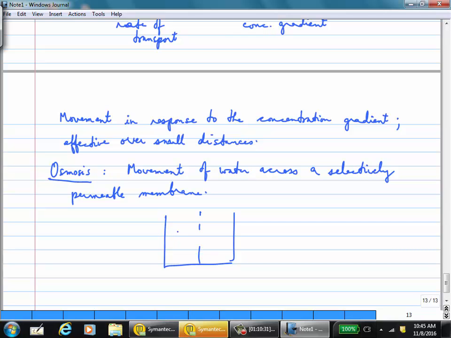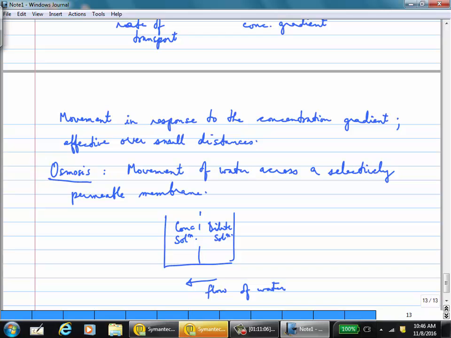On one side it is a concentrated solution, and then you have a dilute solution on the other side. And you have a semi-permeable membrane which does not allow the solute to flow through it. So what is going to happen? The solute cannot flow through this membrane, but water can. So if you have a concentrated solution where the solute concentration is higher on the left, then the water will flow from the right to the left, in an effort to dilute the solution on the left hand side.